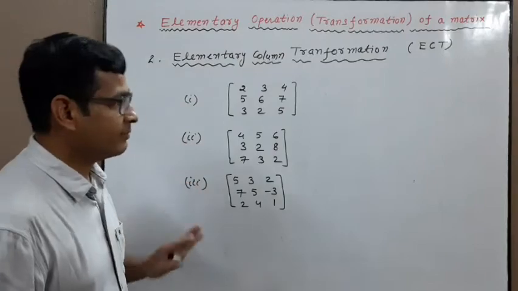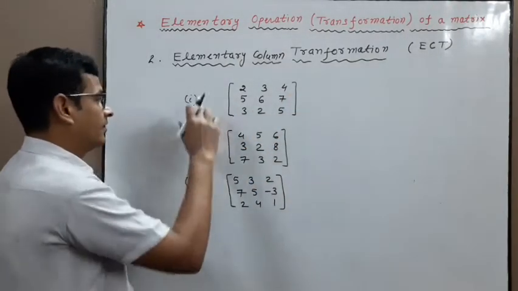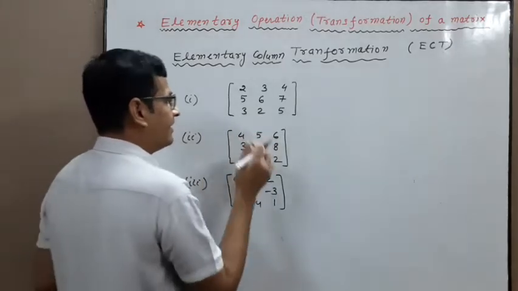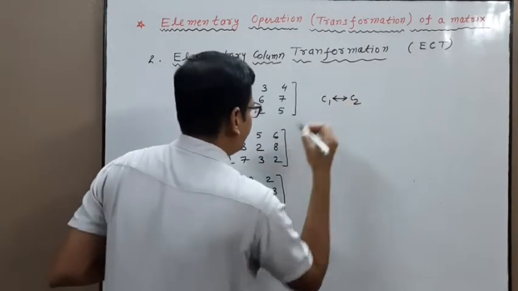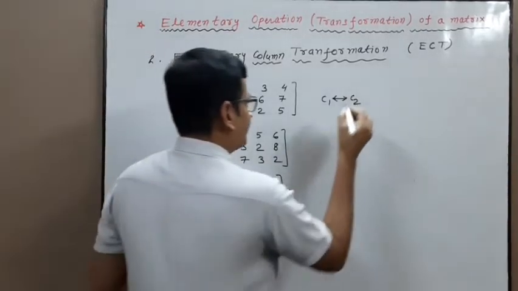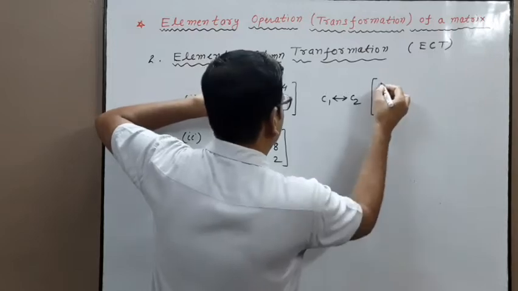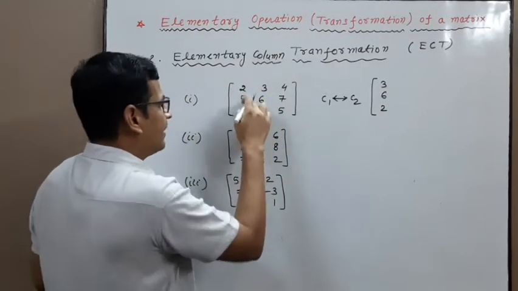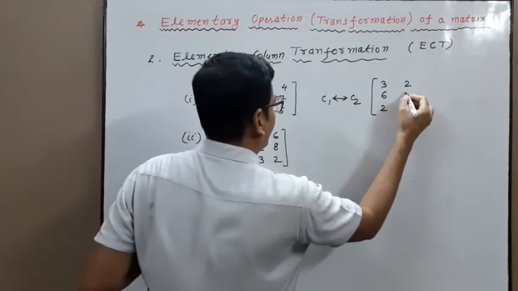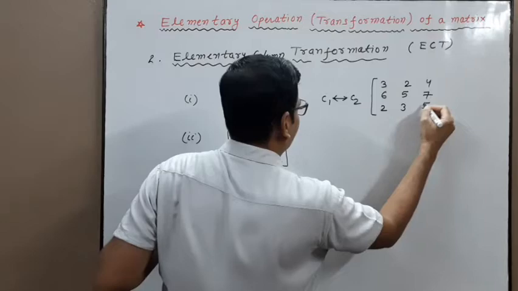Elementary column transformation. You can use ECT. Number 1, take a matrix. If I write C1 double arrow C2, it means interchanging C1 and C2. So in place of C1 write C2: 3, 6, 2, and in place of C2 write C1: 2, 5, 3, and the third column as it is: 4, 7, 5.